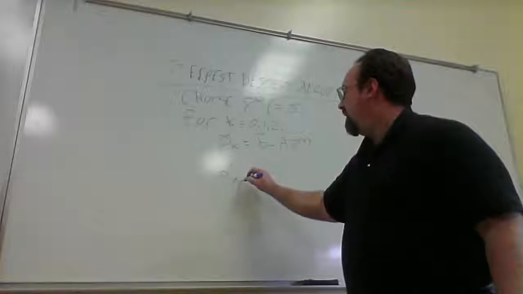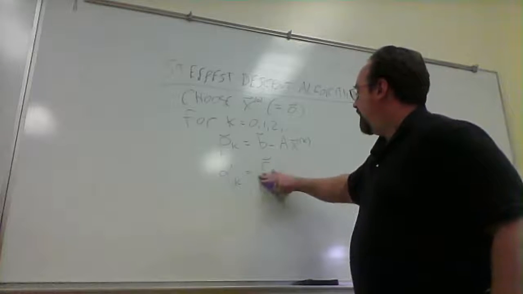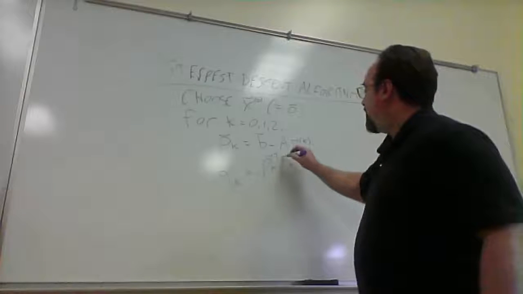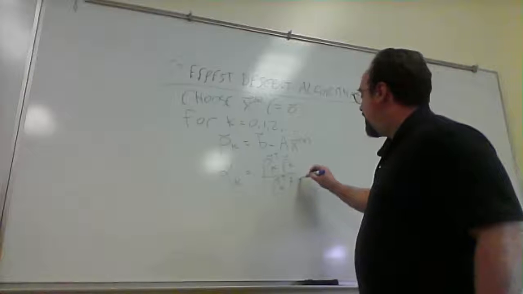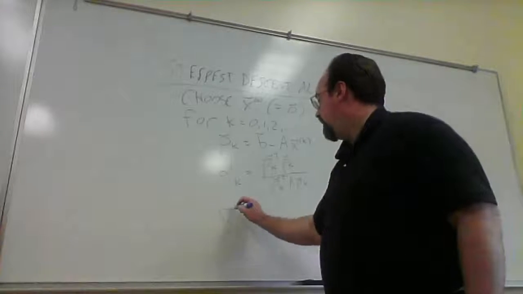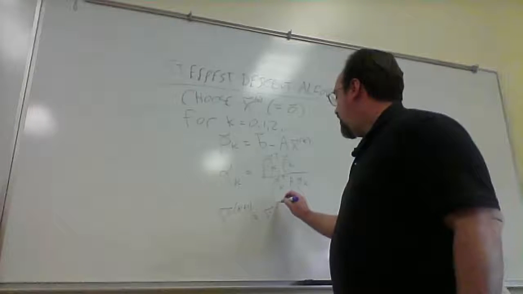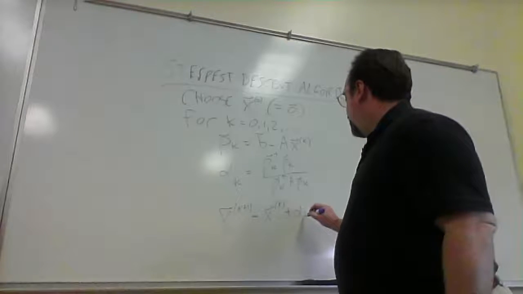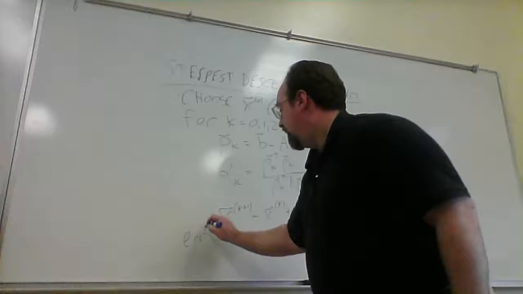So alpha k is pk transpose pk over pk transpose A pk. And then xk plus 1 is xk plus alpha k pk.